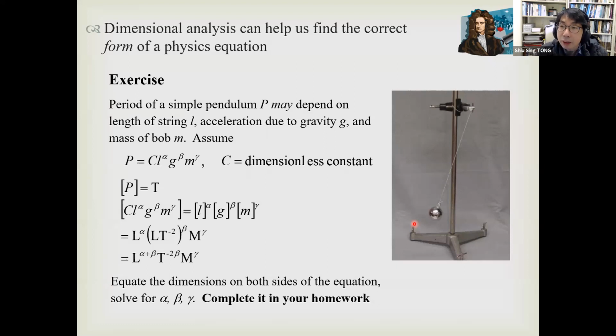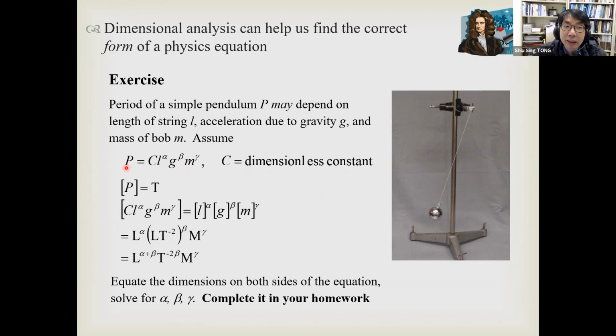It may be dependent on the mass of the bob, m, and it also may depend on the length of suspension L. Now, those are the parameters that we can think of. We don't know if we can exhaust all the possibilities, but those are the obvious parameters. The period of the pendulum may depend on those parameters. So we postulate an equation of this form.